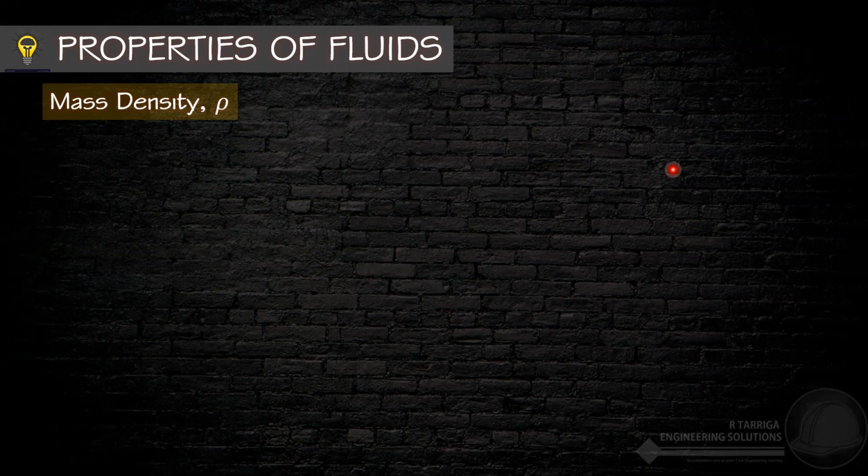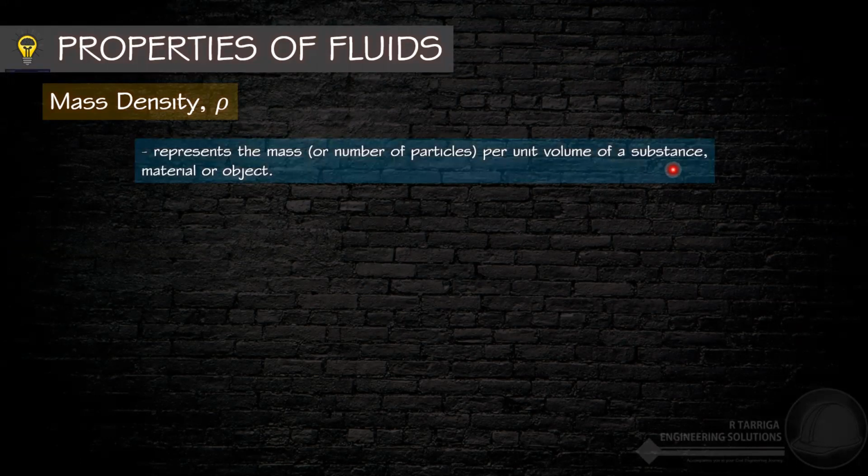So the definition of that, the mass density represents the mass or the number of particles per unit volume of a substance, material, or object. The denotation of mass density, in most of the books and references that we have here in the Philippines, they denote mass density as rho, Greek letter rho.